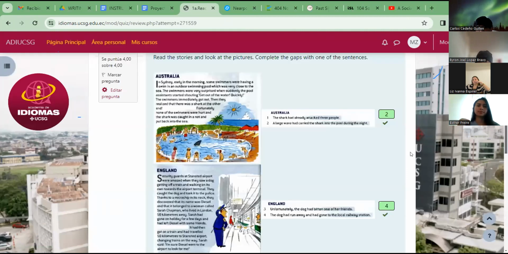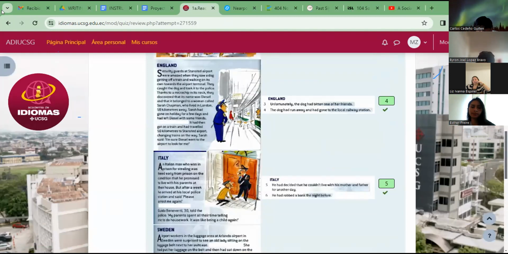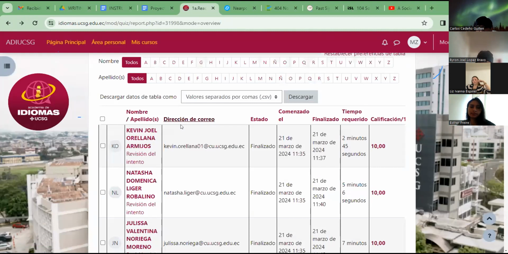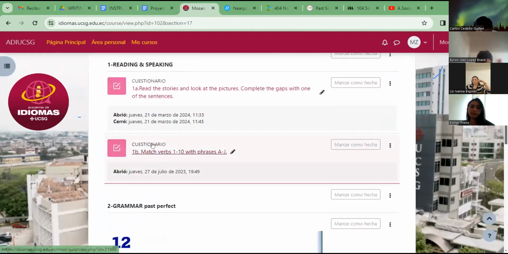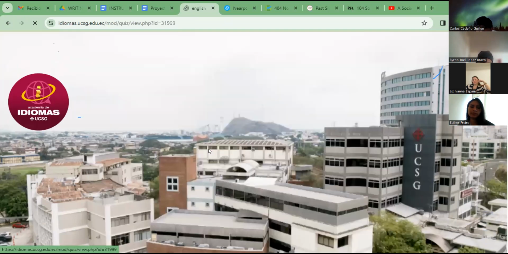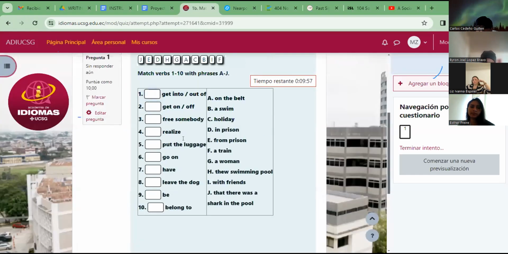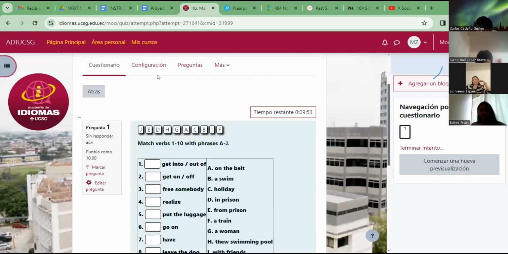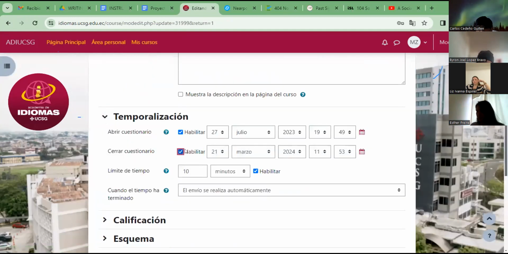We have here 2 perfect, 4, 5, and 7. Excellent. We're going to do this vocabulary. Let me check. We have to match verbs with the phrases. I'm going to set the time now. Wait a minute, please.